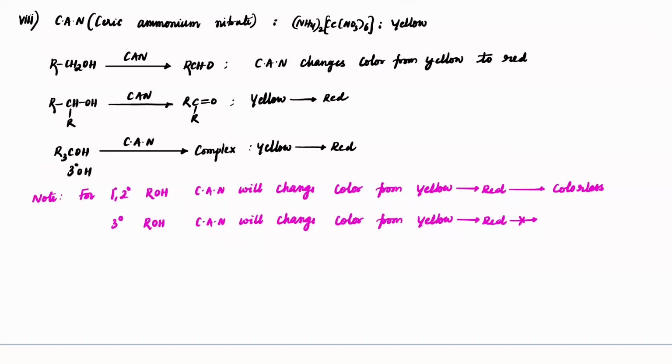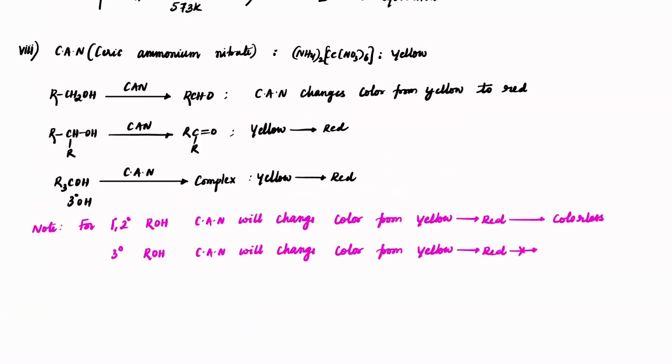The answer is yes. You can predict 1-degree, 2-degree, 3-degree using the CAN test. But only for 3-degree, the difference is it is not forming any product, but rather the color change is happening and the color remains permanently, red only. Clear? Next.